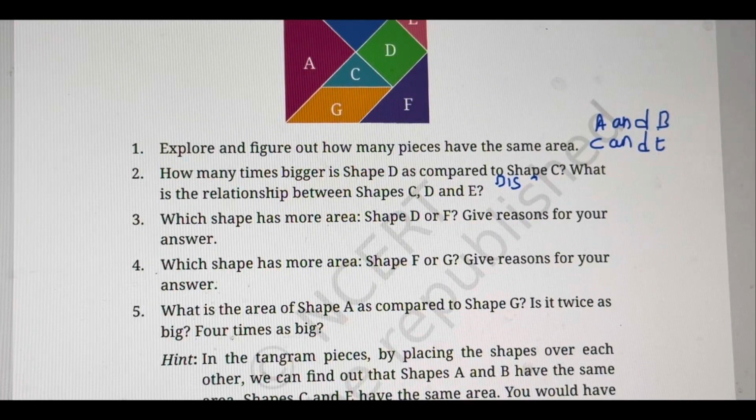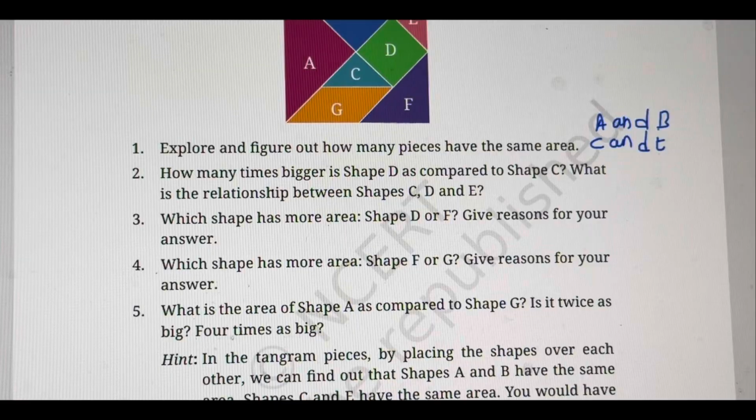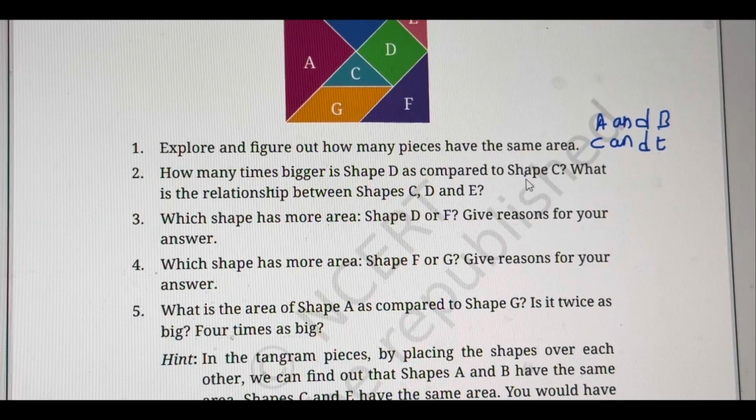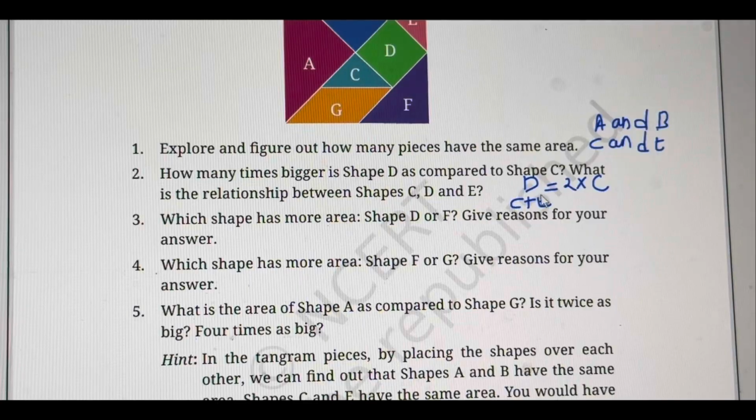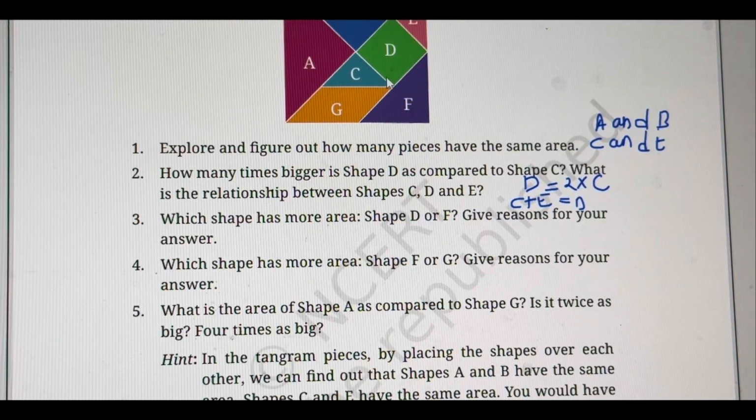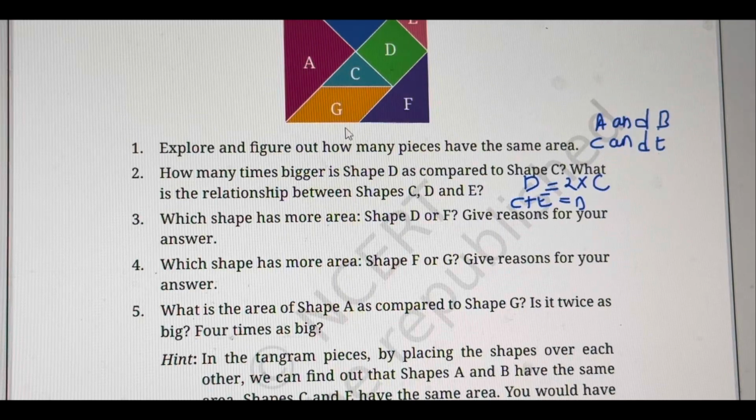We can write in terms of equation, D is twice C, 2 times C. And what is the relationship between C, D and E? We can write C plus E is equal to D, because D and C are equal, and if we join them, we get D shape.